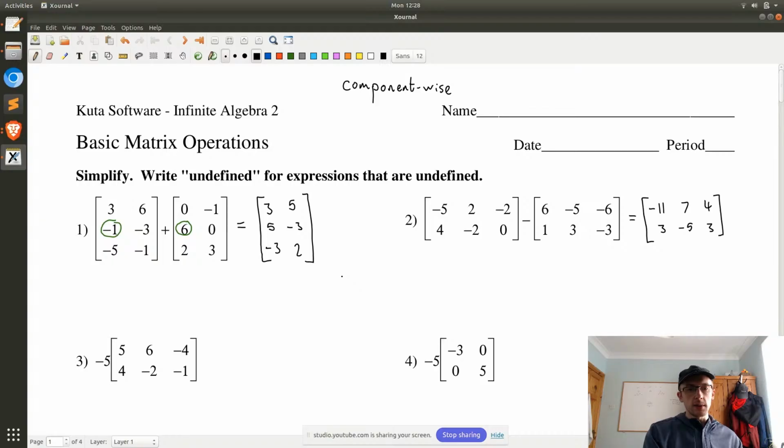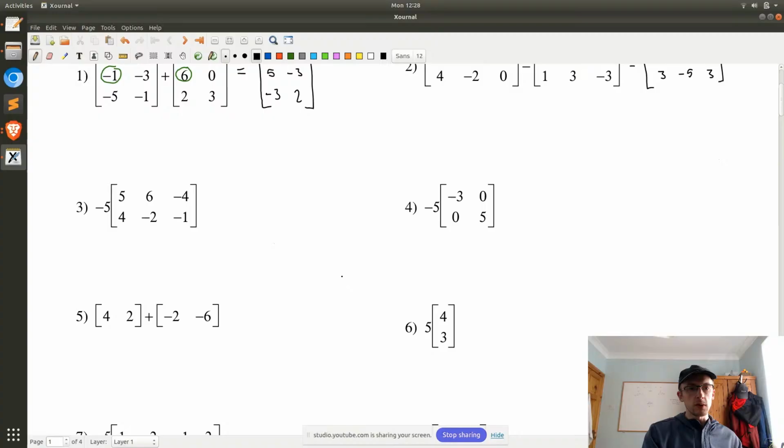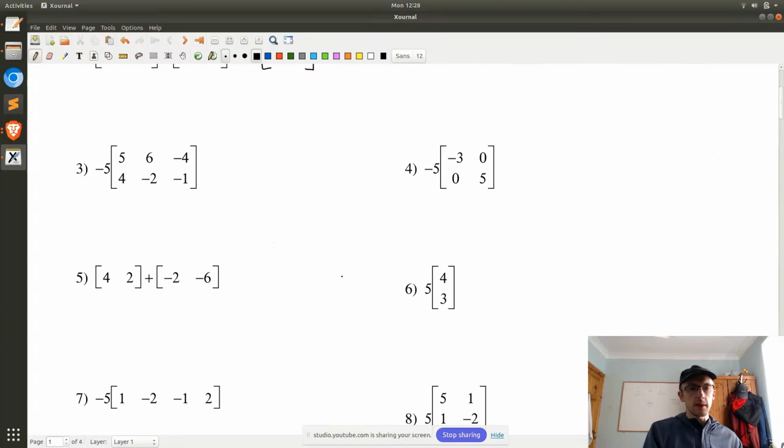Next up, down here in question 3, we have scalar multiplication. We are to multiply this 2 by 3 matrix here by the number -5. And what that means is multiply each entry of the matrix by -5.